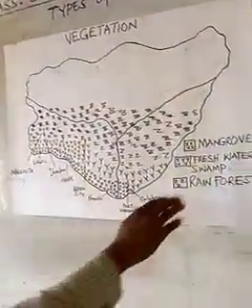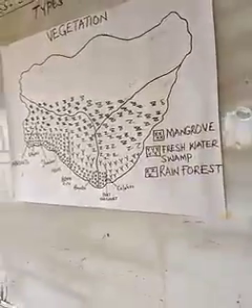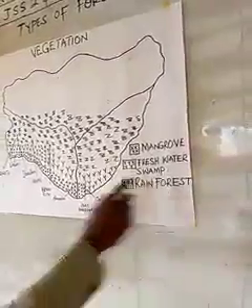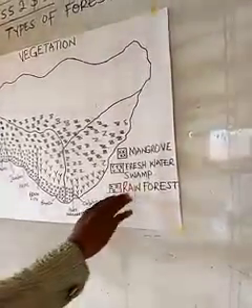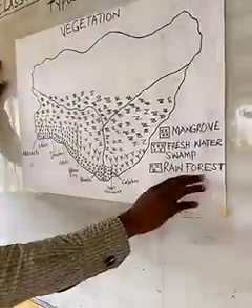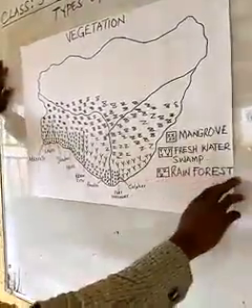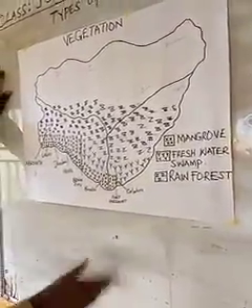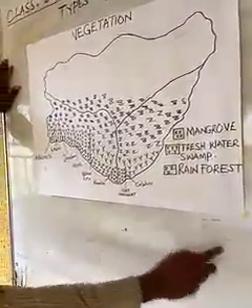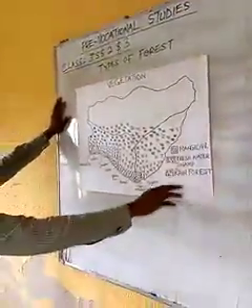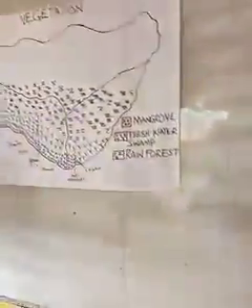Then let's look at rainforest. The rainforest is the place where we have more species of trees in the whole world. You can have up to 100 to 300 species of trees in 1 hectare.